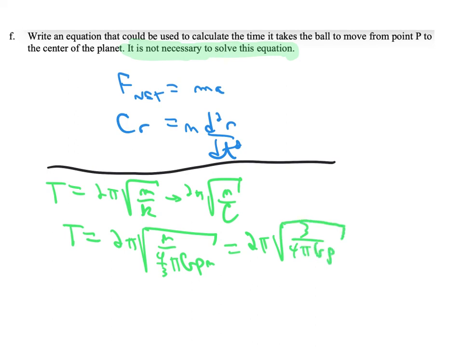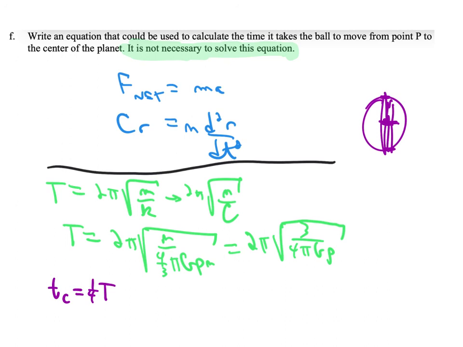This is very much a case where we need to be careful not to be seduced by having done something interesting and forget that it's not what was asked for. We weren't asked for the period, we were asked for the time to get to the center, but that would be 1/4 of the period, right? Because the thing falls back and forth in one period, and that's 1/4 period, 2/4 period, 3/4 period, and then back.